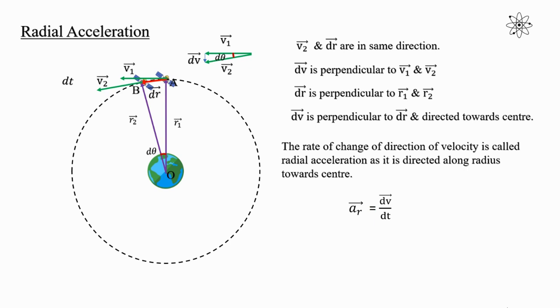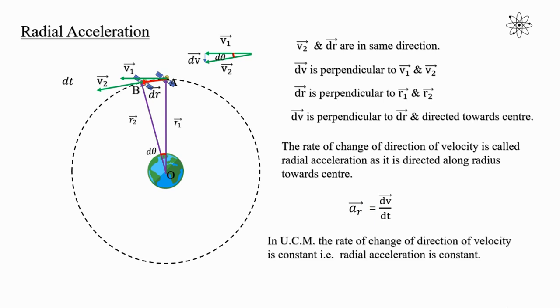But one more thing you have to remember, student: the acceleration vector, even though it is along the radius, is directed towards the center, and the radius vector is always directed away from the center. So the acceleration vector and the radius vector are always in opposite directions.